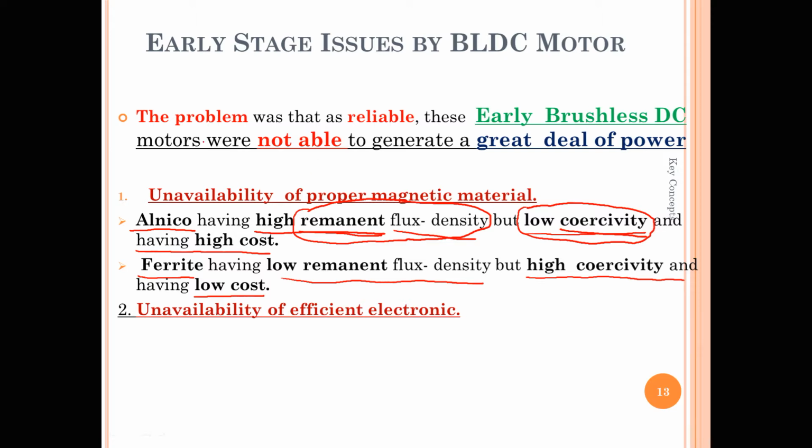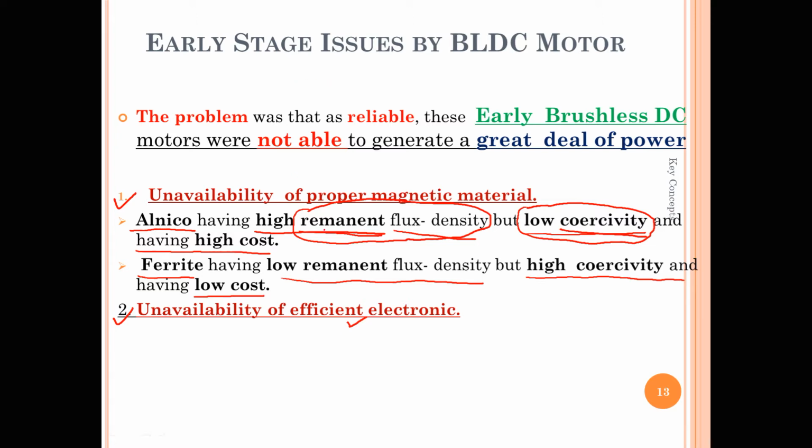Another issue that comes into the picture is the unavailability of efficient electronics. In that time duration, I'm talking about before the 1980s, electronics development was very poor. We didn't have any efficient electronic devices, and that limited us from moving ahead with further development related to BLDC.